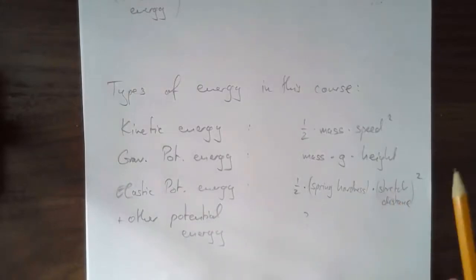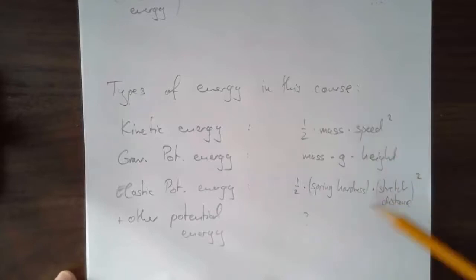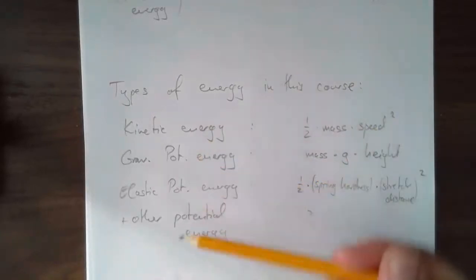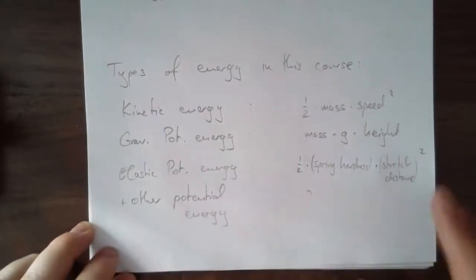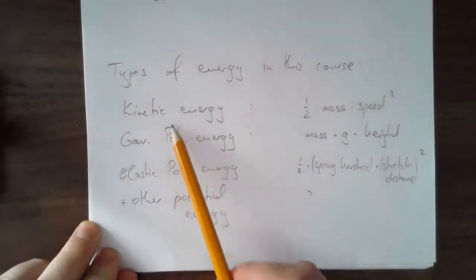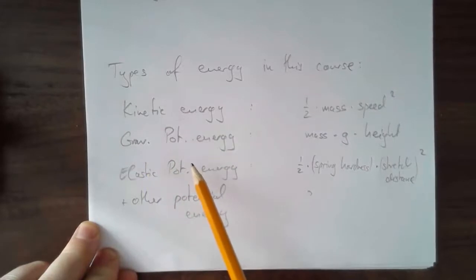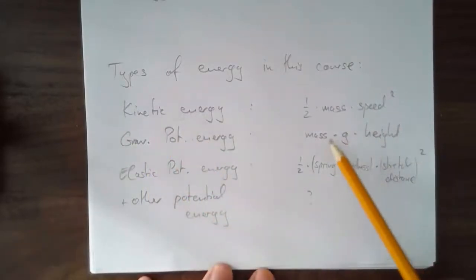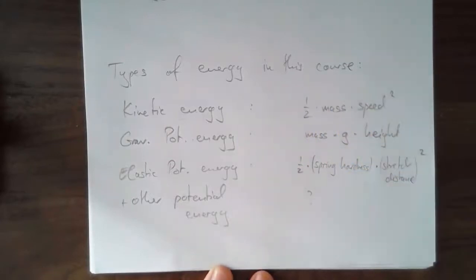Why? Never mind that right now. We'll talk about why. We'll figure that out. Where do these expressions come from? The point right now is there is one expression for each type, and later on, when some process happens where kinetic energy is turned to gravitational potential or elastic to kinetic energy, or whatever it is, the total sum of these, that is what's going to be conserved.